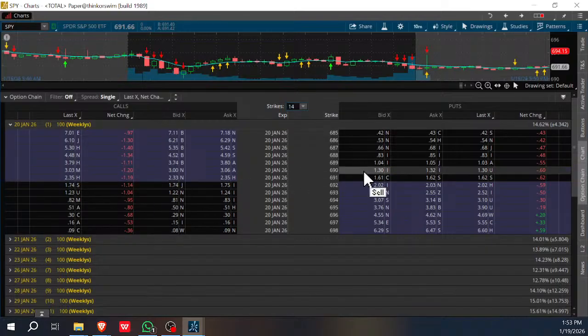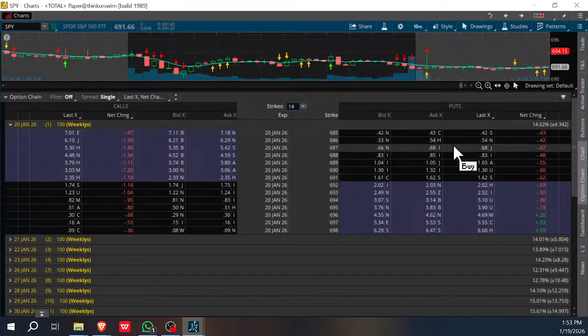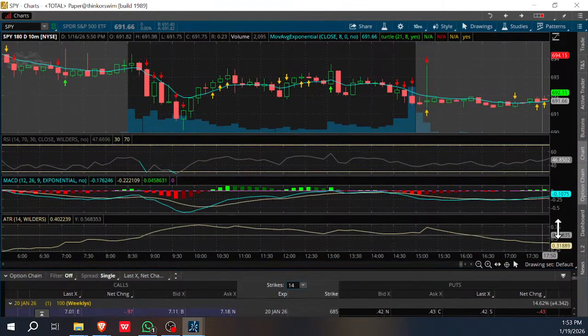One more dollar above, one more dollar below, but nothing more than that, because the theta kills the options really fast on the 1 day to expiration. Every hour is like a day, so it kills it real fast. So when you buy an option, buy it in the money or at the money, but nothing more than that.